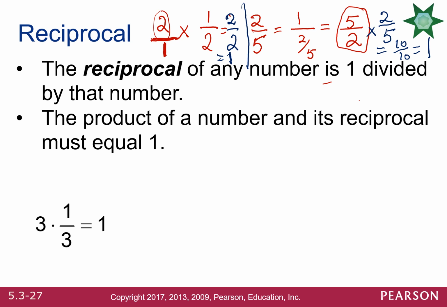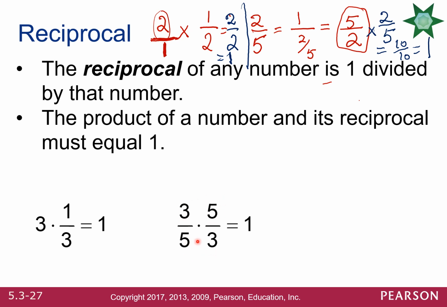Let's look at some examples here. 3 times 1/3. The reciprocal of 3 is 1/3, just like the reciprocal of 2 was 1/2. It's 1 divided by the number we are working with, so when you multiply, you end up with a 1. Let's look at another one: 3/5 times 5/3. The reciprocal of 3/5 is 5/3. When you take the reciprocal of a fraction, the denominator becomes the numerator, and the numerator of the original fraction becomes the denominator in the reciprocal.